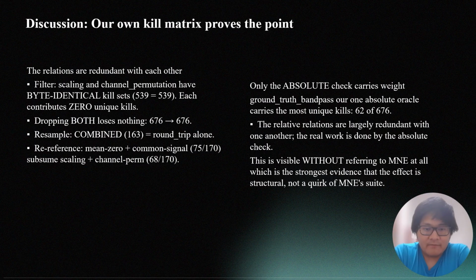Dropping both leads to nothing being changed, and for resample combined, it led to 163. What really mattered was that it only helped a lot when there was an absolute check. Relative relations can be redundant with one another, so it helped having that exact answer to check against.